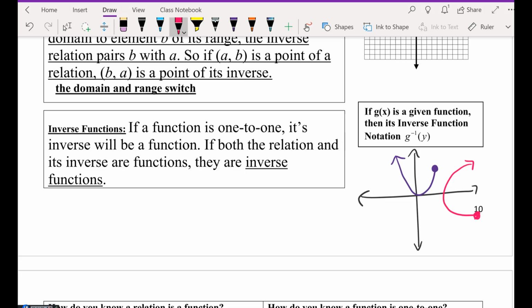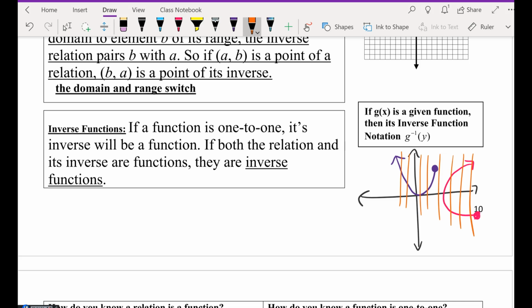The pencil test, right? What do I do with the pencil? I'm going to go vertically. Any vertical line that I draw, a function may only intersect what? At most once. It doesn't have to intersect, but if it does, at most what?